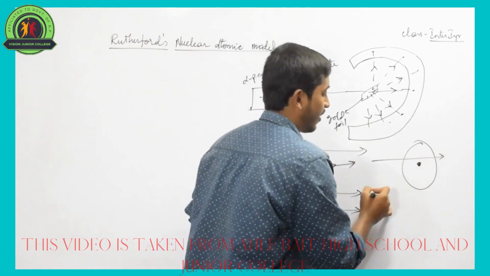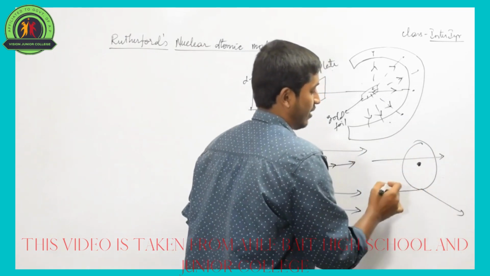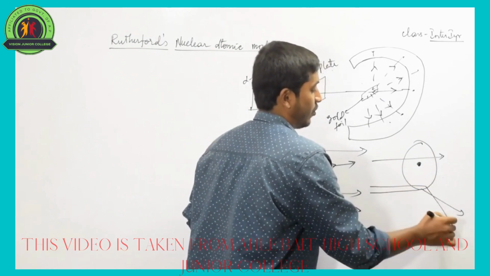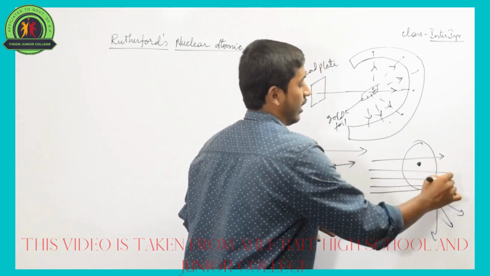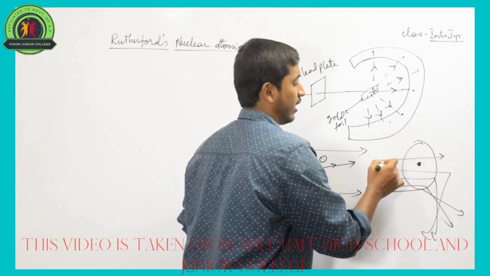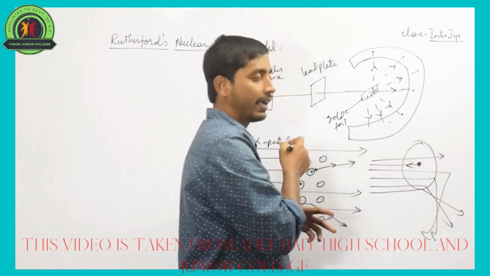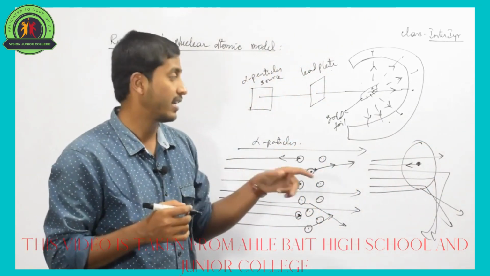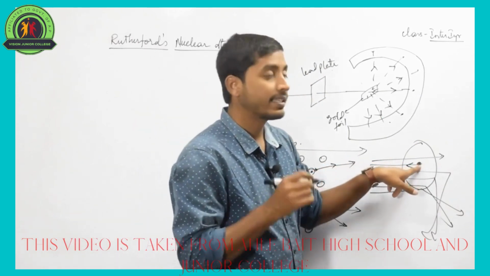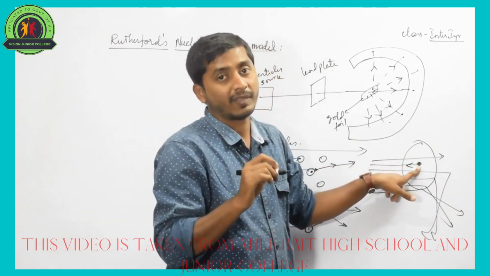If it is very far, it moves like this. If it is somewhere here, it moves a little. Finally, it deflects back in the same direction when it passes through the center of the atom.